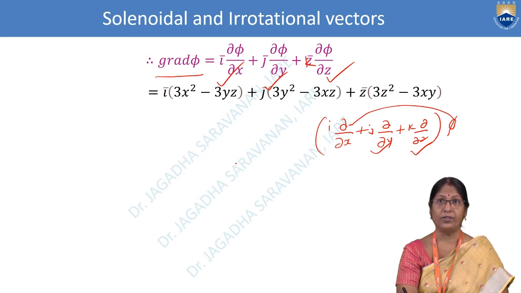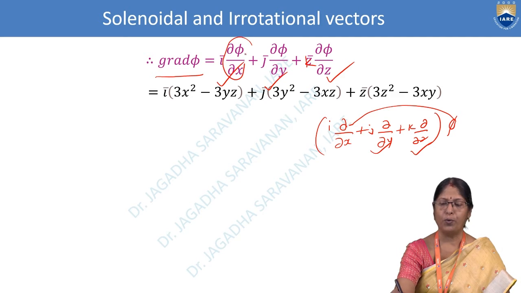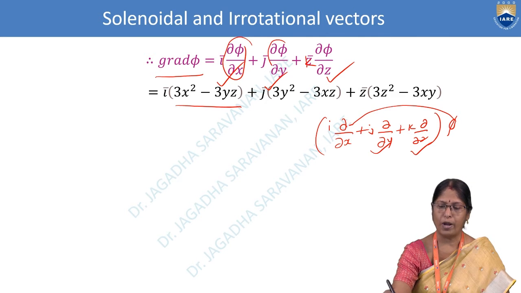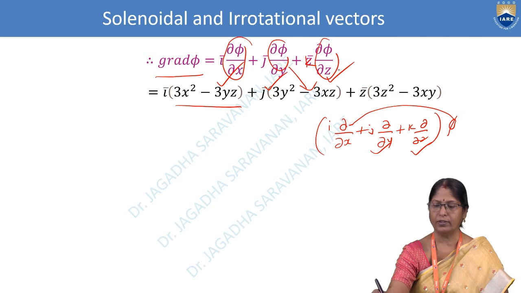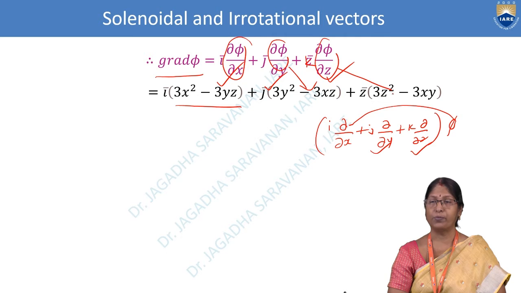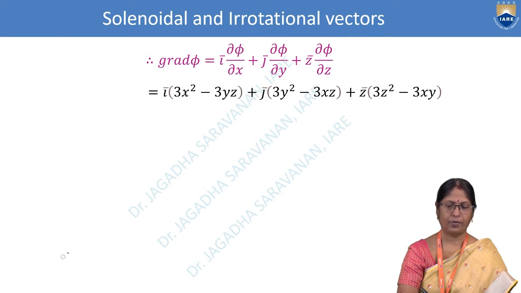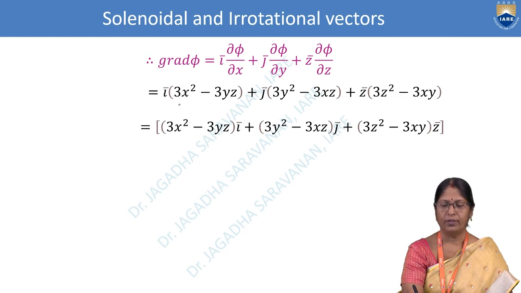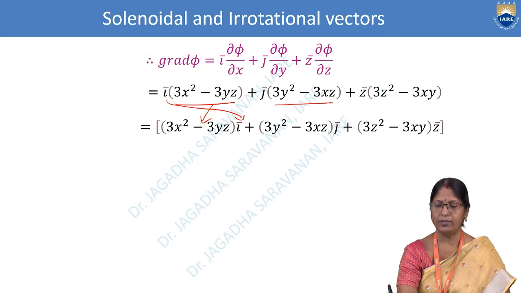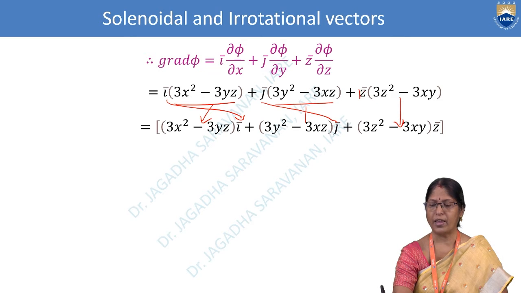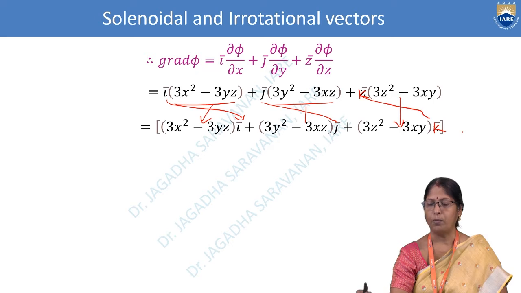What we have got just now, the dou pi by dou x, is substituted here, and dou pi by dou y and dou pi by dou z are substituted in their places. So now we put it in order: this is written as it is, and j is written here, and here k comes.